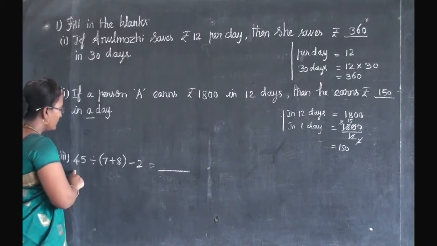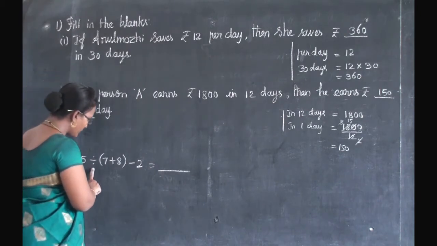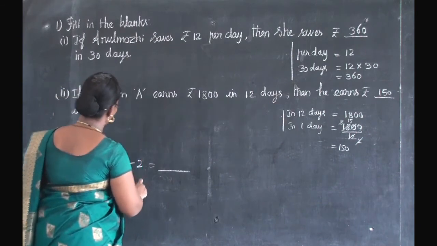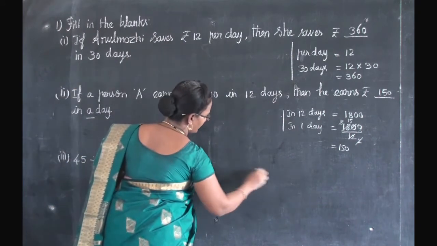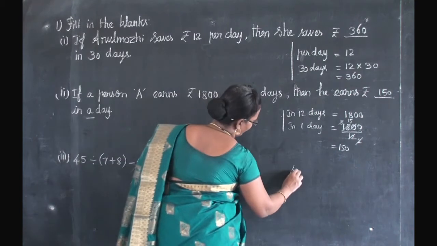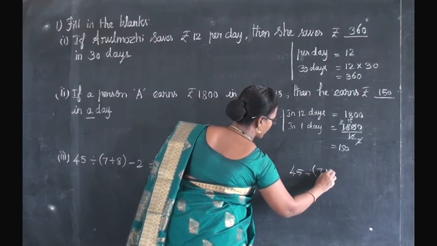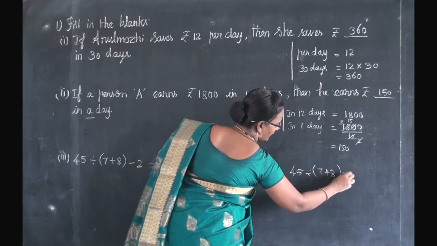And then now the third one, 45 divided by 7 plus 8 minus 2. So now 45 divided by 7 plus 8, minus 2.